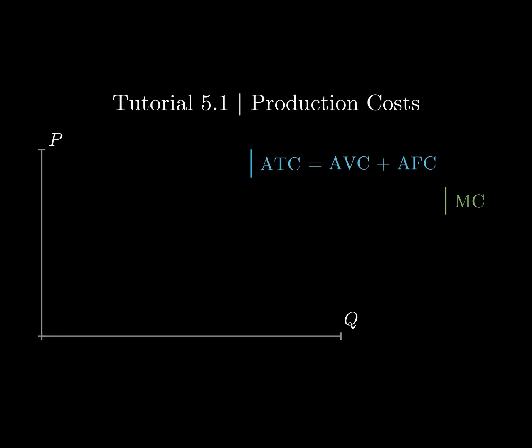And using this identity, we're able to find that the average total cost is equal to the average variable cost plus the average fixed cost. And marginal cost is the cost associated with adding one more unit of quantity. So to calculate marginal cost, we look at the change in total cost divided by the change in quantity. And these three cost curves look something like this.